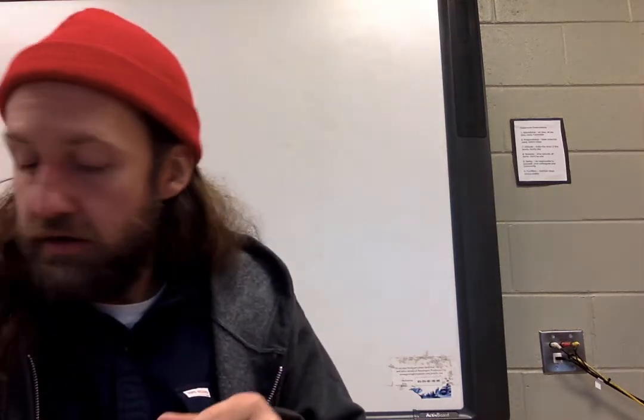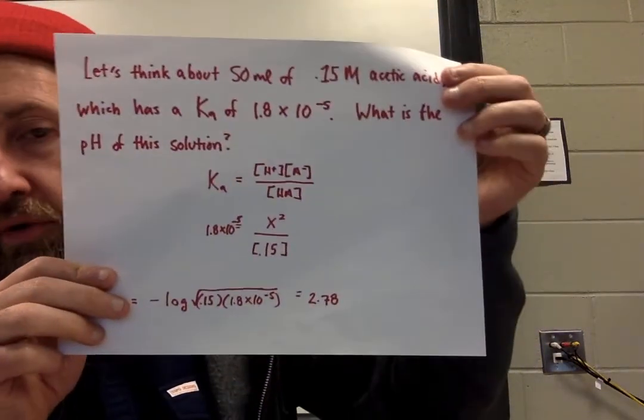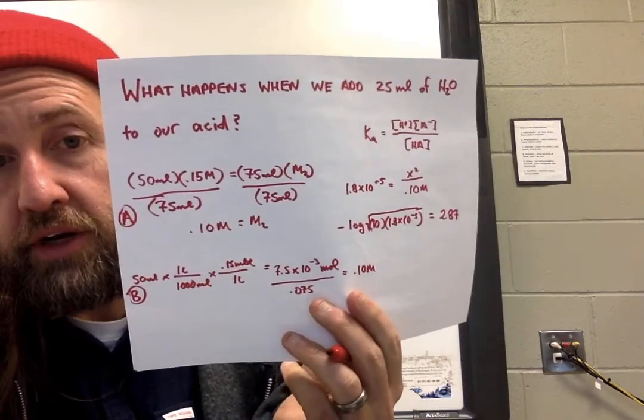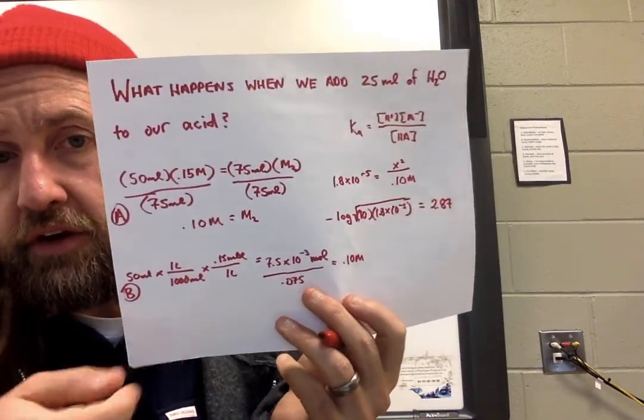And in the original, we had 2.78, and in this one, we have 2.87. And so you see that as we get more diluted, that acid is just not as intense, and that pH starts to creep up.